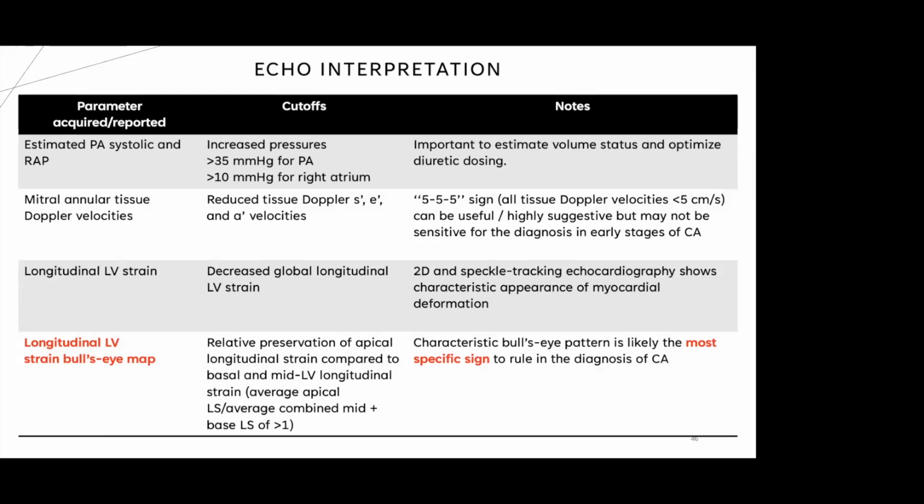The tissue Dopplers are often less than 5 centimeters per second in these cases. Our longitudinal LV strain analysis, which we talked quite a bit about, is helpful as well. And the bullseye map is actually the most specific sign to rule in a diagnosis of CA. If you see that apical sparing cherry on top appearance, this is almost a slam dunk for making this diagnosis.